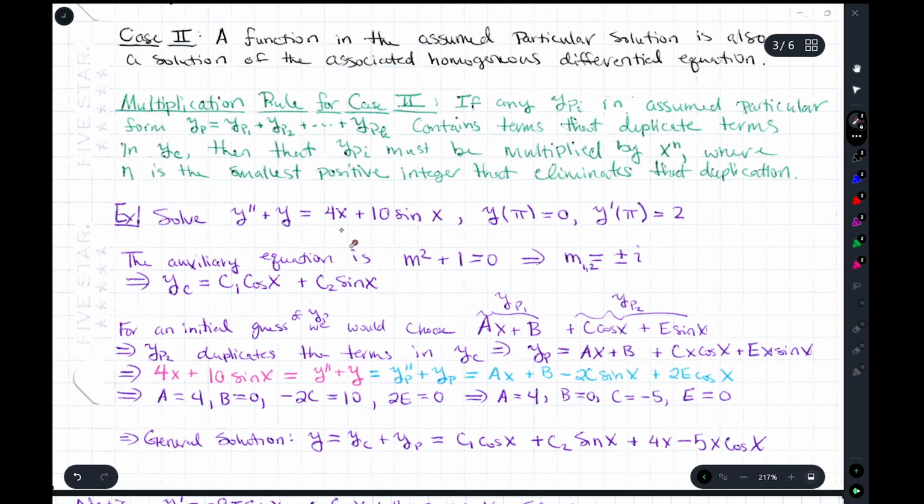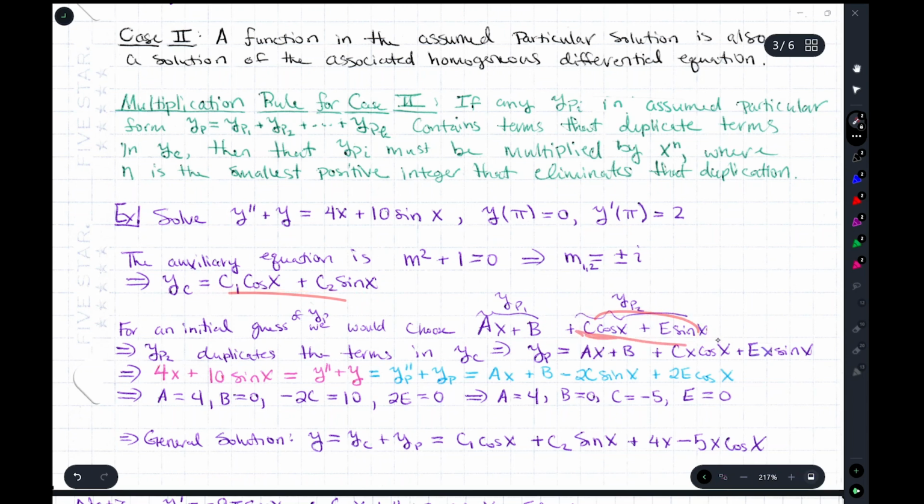So what initial guess would we make? Well, for this, we would have ax plus b. But for this, we would have c cosine x plus e sine x, okay? Now here's a problem, right? This shows up in the complementary function, okay?